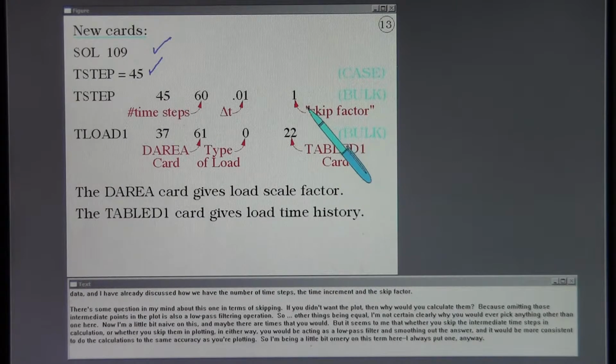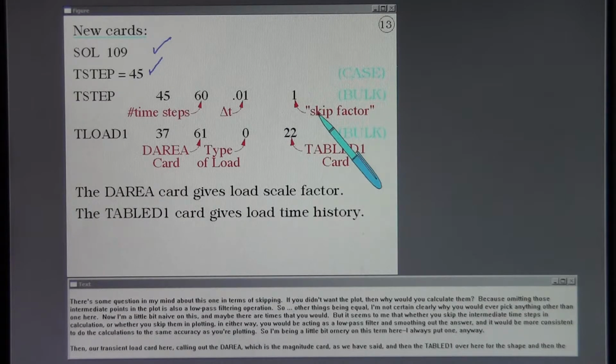If you didn't want to plot every point, then why would you calculate them? Because omitting those intermediate points in the plot is also a low-pass filtering operation. So other things being equal, I'm not certain clearly why you would ever pick anything other than 1 here.